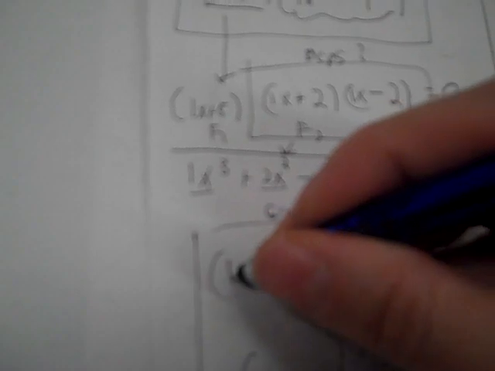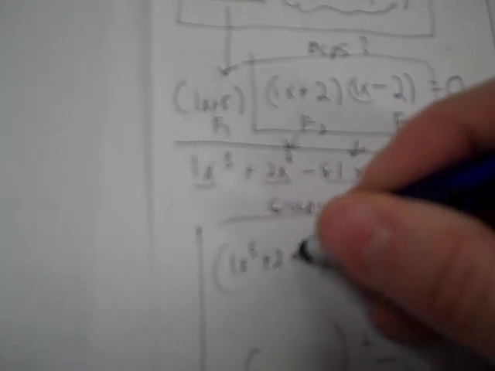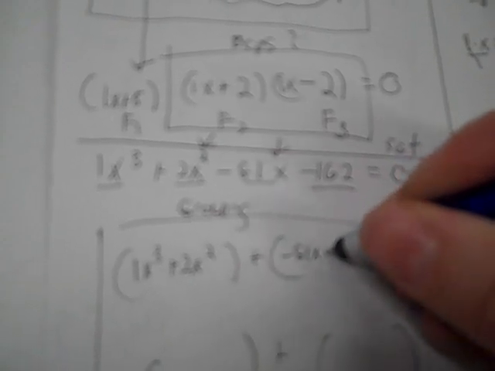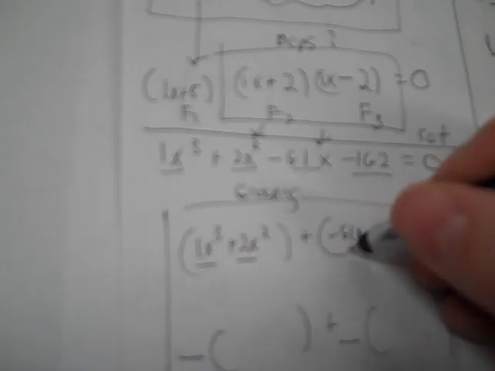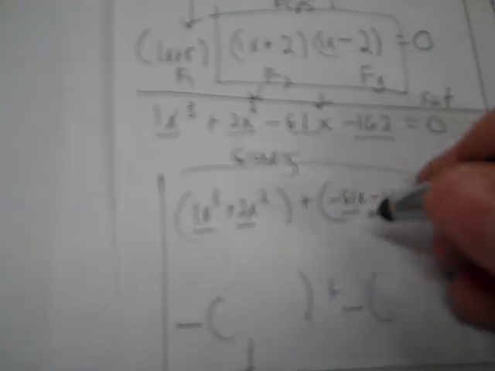Okay, so I drop 1x to the third with plus 2x to the second, and then negative 81x minus 162. Now I'm looking for greatest common factors, but only not all 4 of them, 2 of them at a time. So again, negative x and the actual GCF itself. Here I don't have a negative, here I do in front.